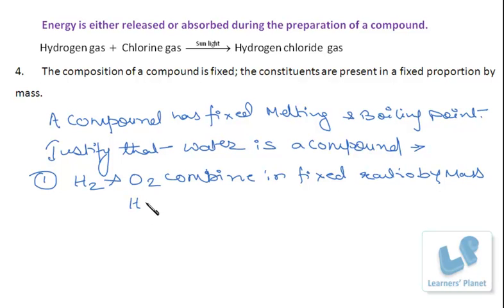That is, what is the ratio of hydrogen and oxygen in water? It is 1:8 by mass, irrespective of the source.